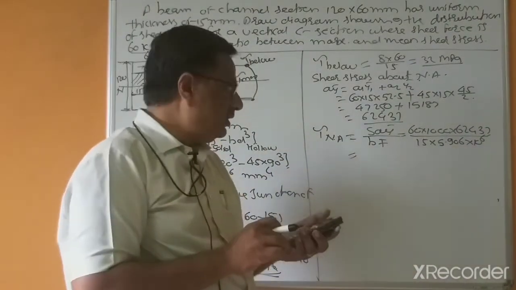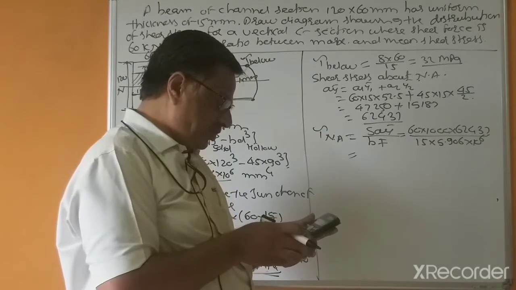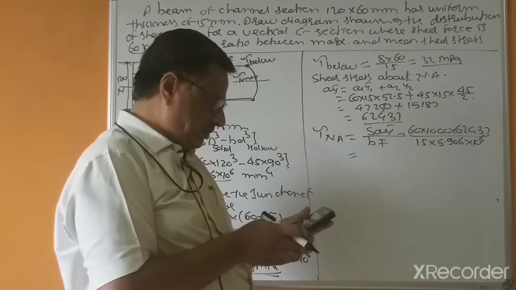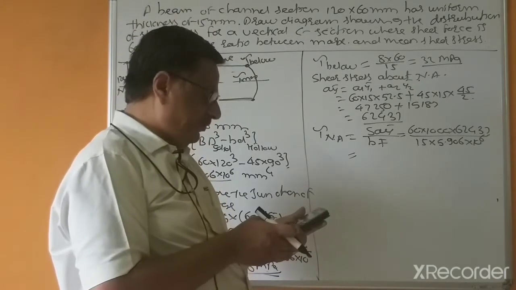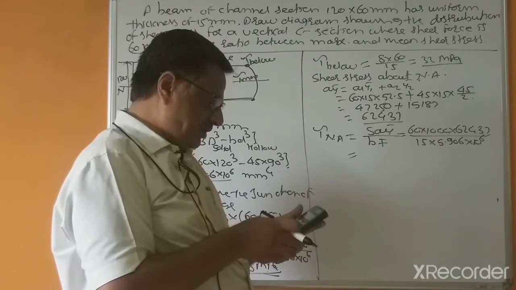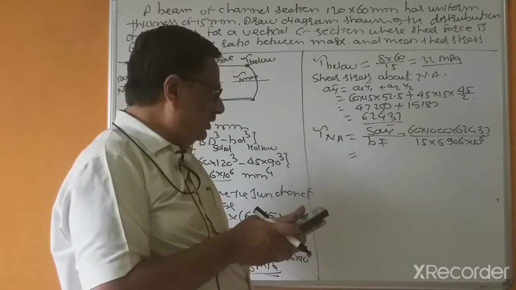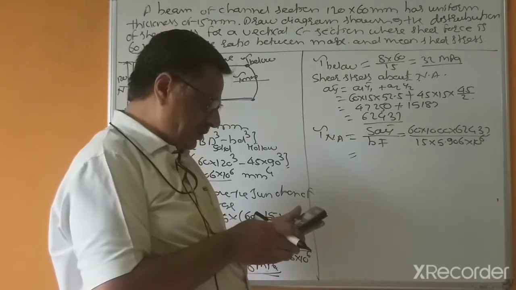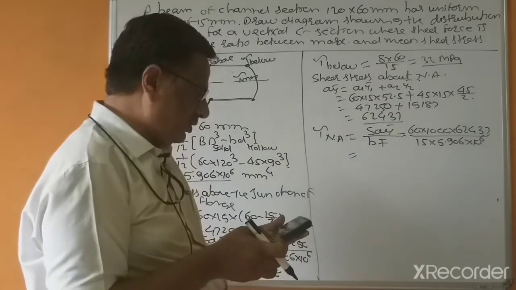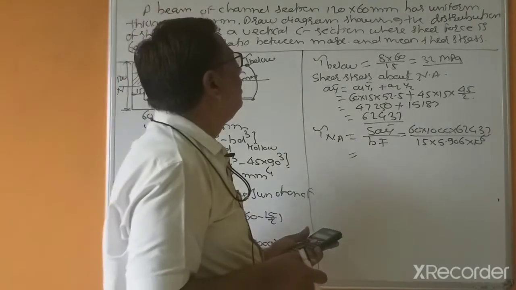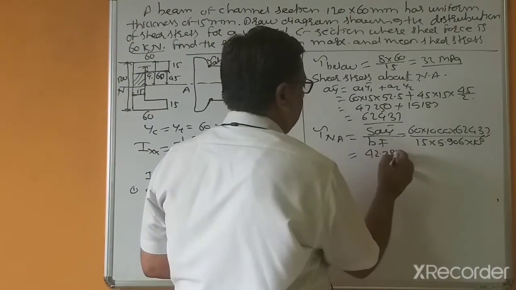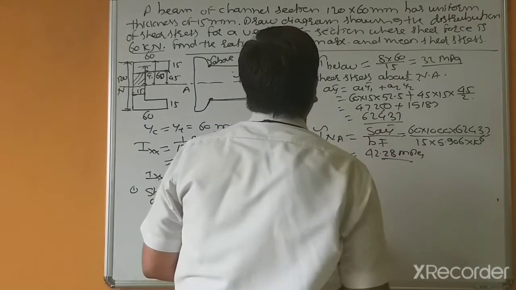So here multiplied by 1000, again multiplied by 60 divided by 15 divided by 10 to the power 6 divided by 5.906 equal to 42.28 megapascal.